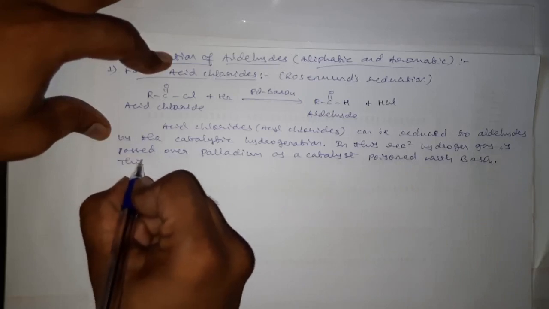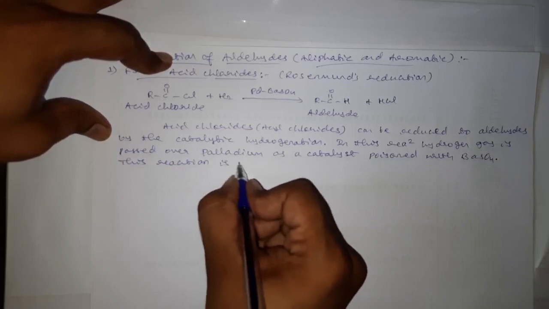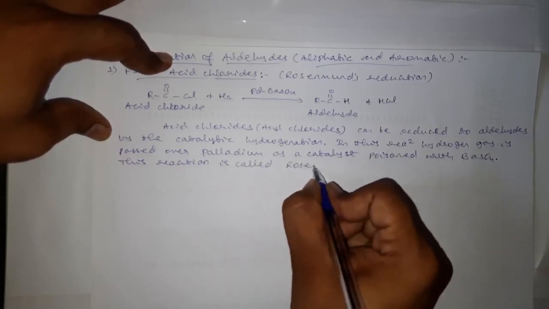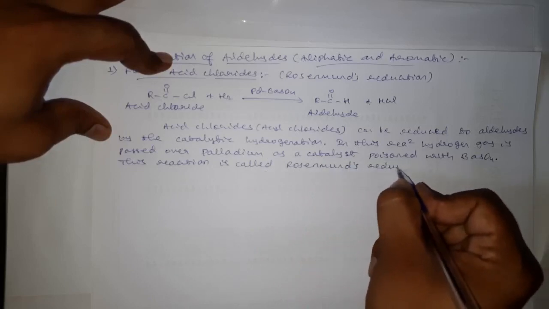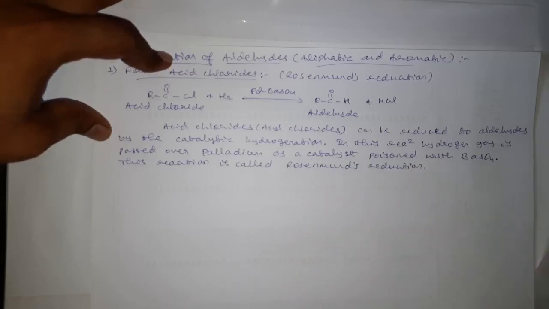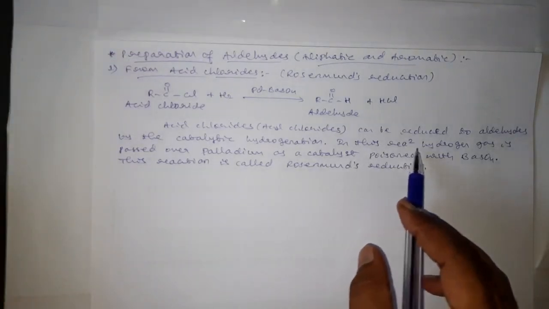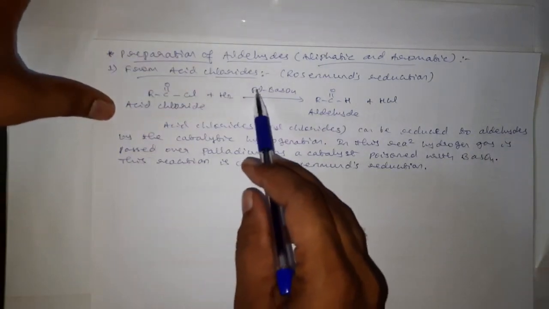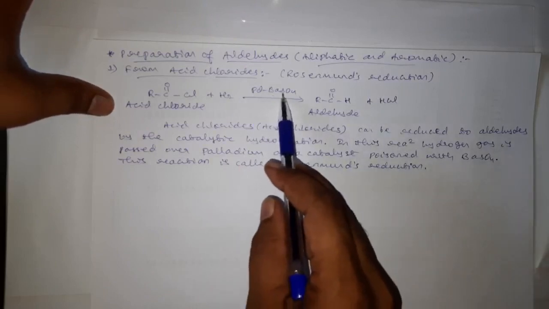This reaction is called Rosenmund's reduction. See here, they are telling in this reaction the hydrogen gas is passed over a palladium catalyst, and this palladium catalyst is poisoned with barium sulfate.